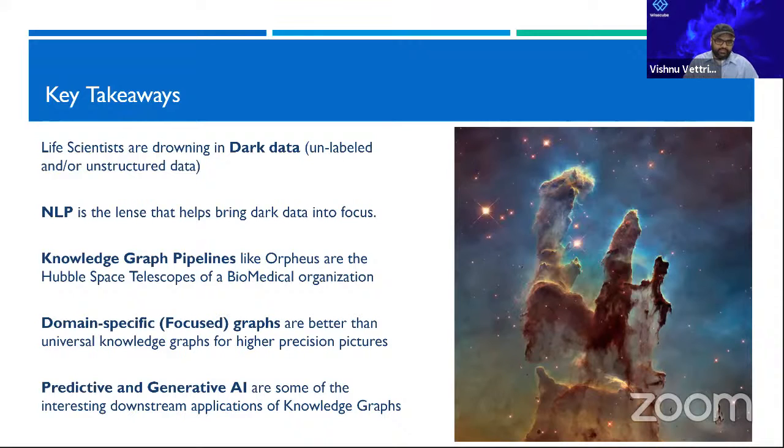Speaking of which, what Alex had mentioned, and this is why we're so excited about knowledge graphs, is because there are so many downstream applications, whether it be predictive analytics or generative modeling, specifically in the drug discovery domain. There are things like, first of all, target identification, adverse event prediction, generative modeling to come up with new compounds, or drug repurposing.